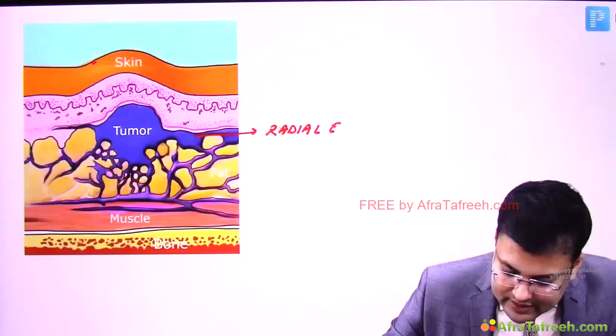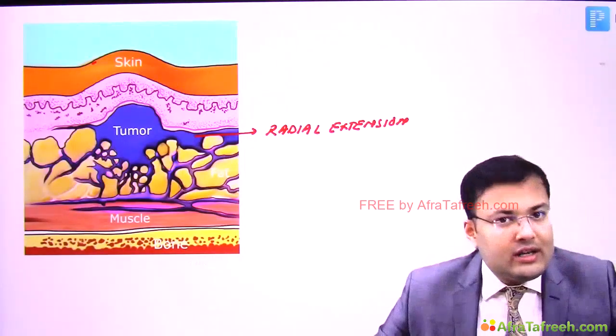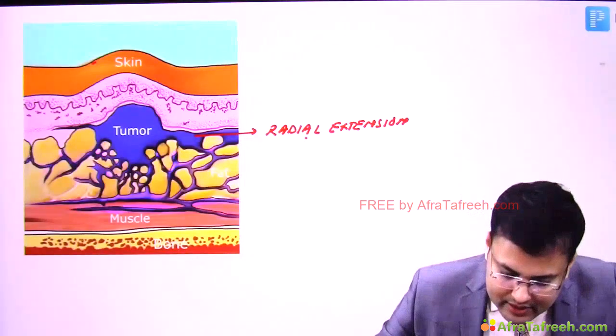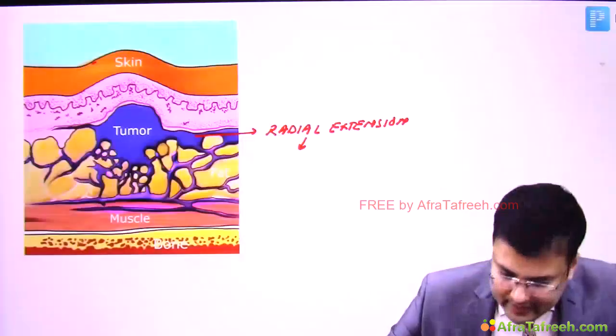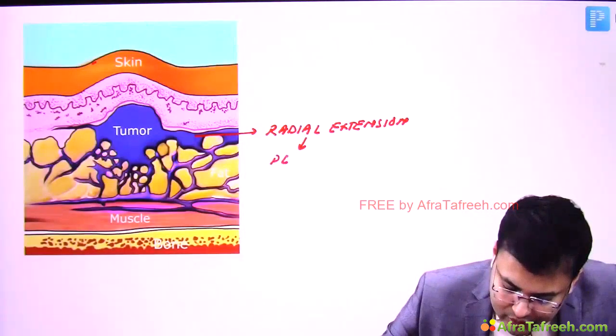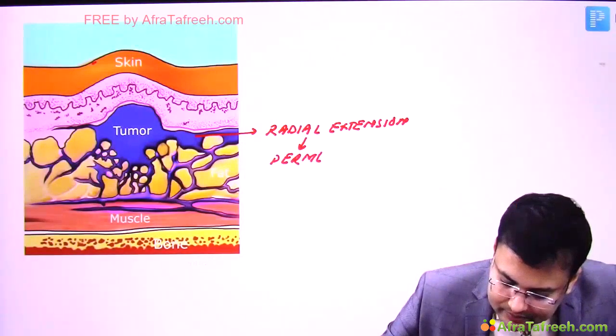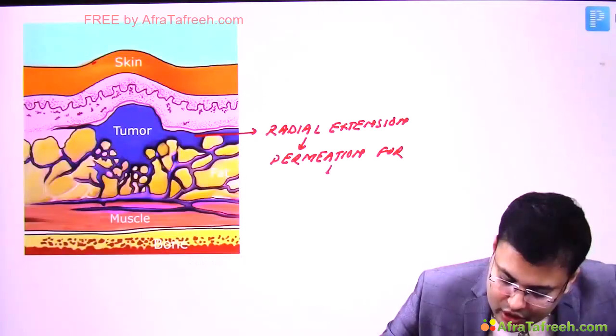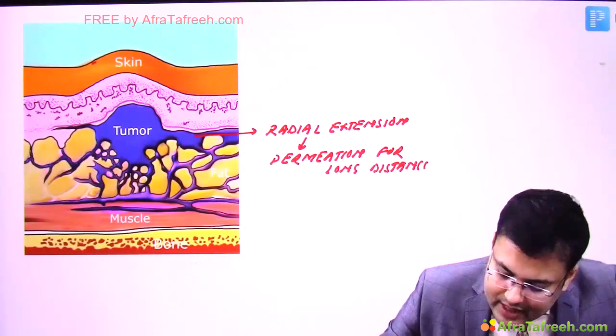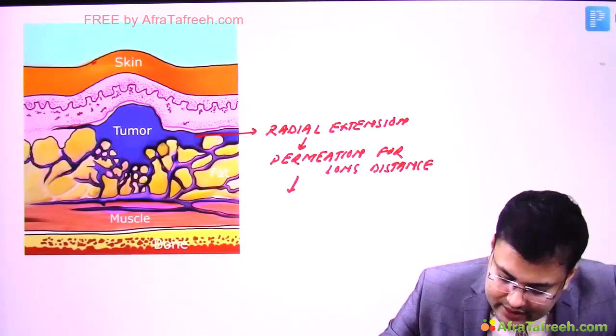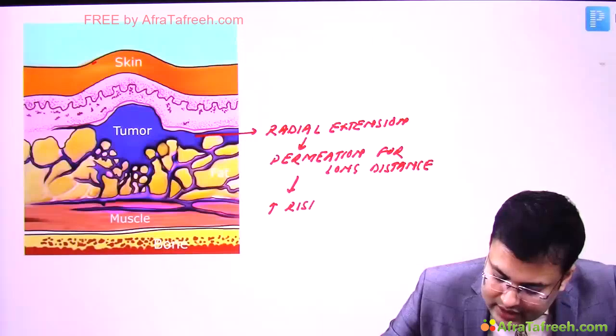Because of this radial extension, this tumor can permeate through long distances from the primary tumor, and because of this there is increased risk of local recurrence.